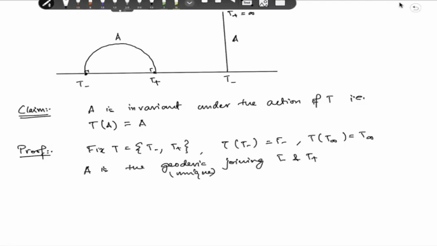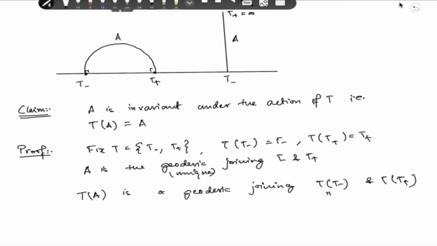Now also note that T is an isometry and T fixes T minus and T plus. So T of A is again a geodesic joining T of T minus and T of T plus.